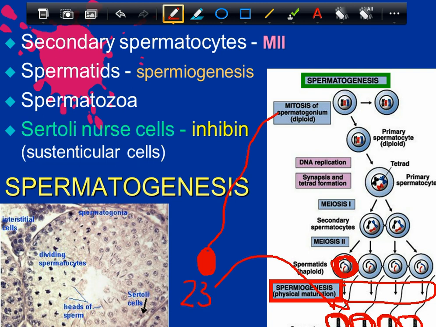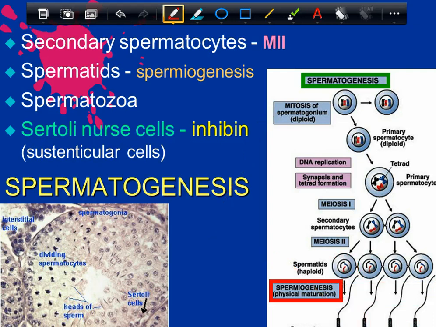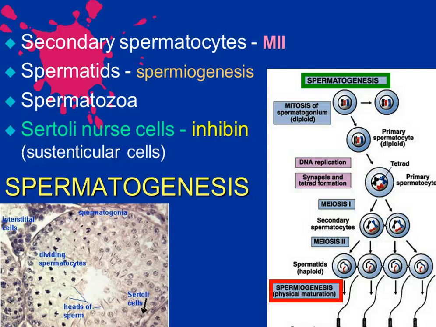That's all, and they have a motile flagellum. And that's spermatogenesis in a nutshell. This whole process, through meiosis 1 and 2, takes two and a half months or so in the male, and it's happening at different stages continuously, day in, day out.